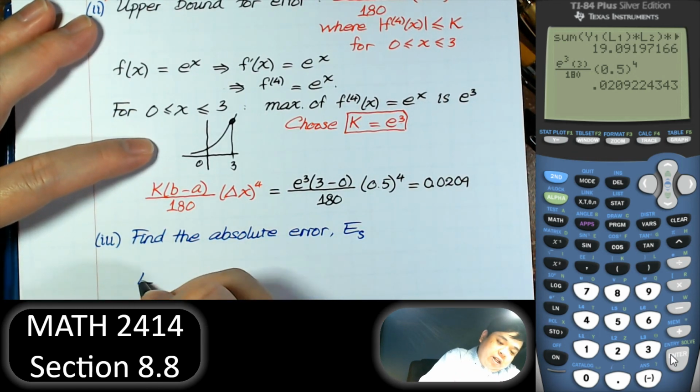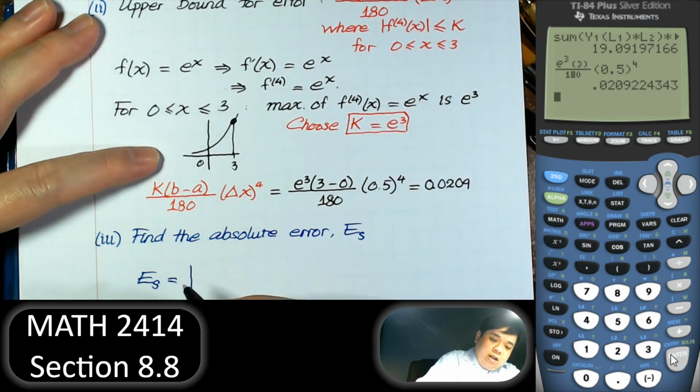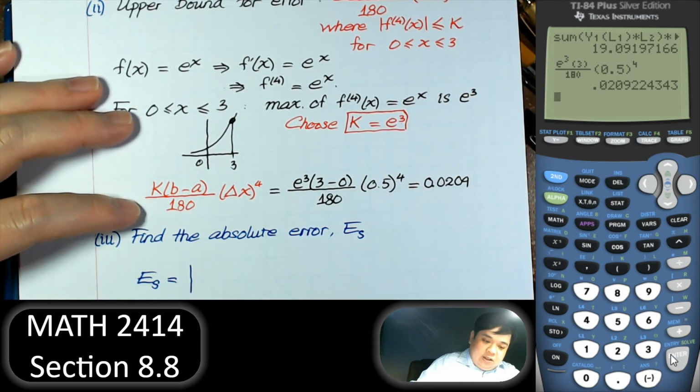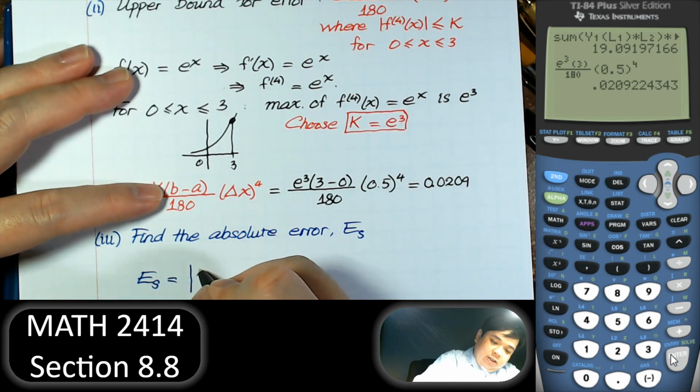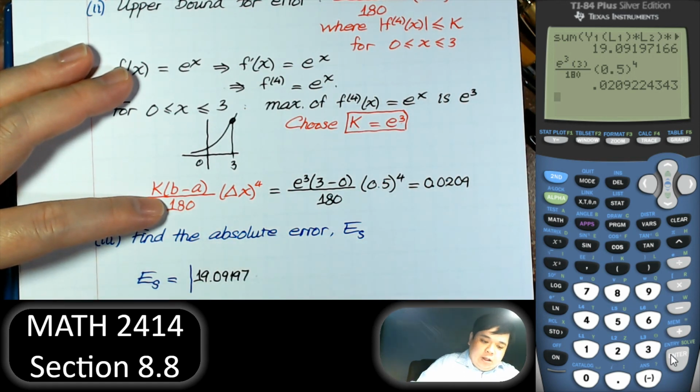So we have the absolute error using Simpson's rule is the approximation, and then subtract the actual value.